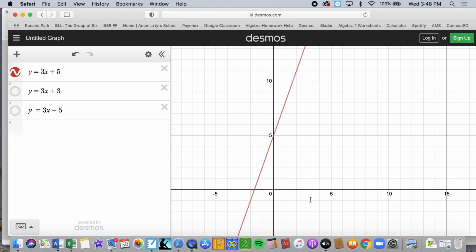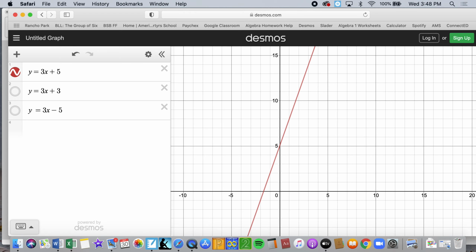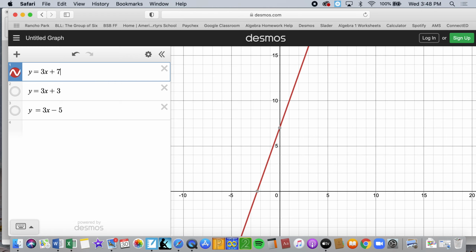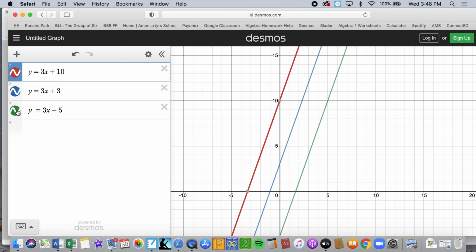You see it moving up the y-axis. 6, 7, 8, 9, 10. So that's just moving that line on that same degree up the y-axis. Okay, so that's why it's very important.